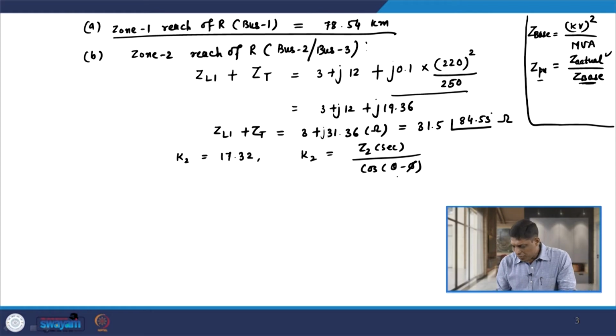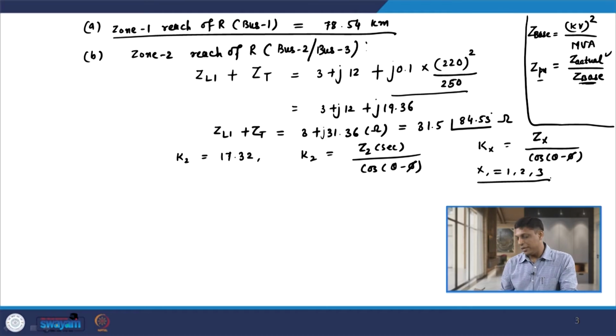You can remember that any value of Kx is equal to Zx divided by cos of theta minus phi, where x stands for 1, 2 and 3, indicating the zone setting. If you take the first, it is K1 Z1, if you take the second it is K2 Z2, and if you take the third, it is K3 Z3.